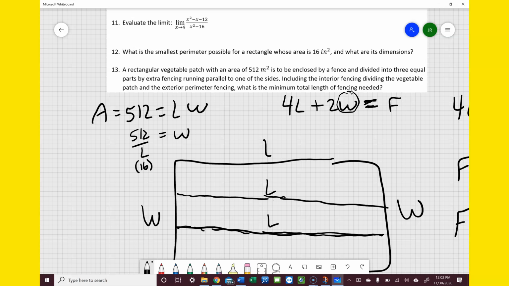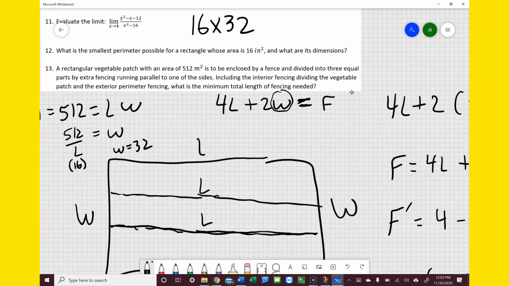I get 32. So that means W equals 32. So this is a 16 by 32 rectangular fence. And it says, what is the minimum total length of fencing needed?